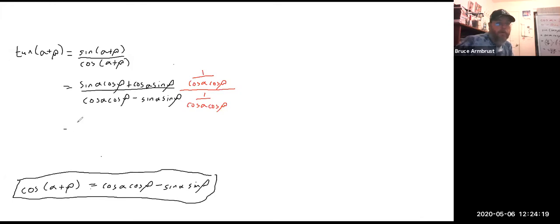Okay, well, let me go ahead and distribute it through to each piece. And then we'll simplify. So I'm going to get sine alpha cosine beta over cosine alpha cosine beta. And we're going to get plus cosine alpha sine beta over cosine alpha cosine beta. That's the top of the fraction.